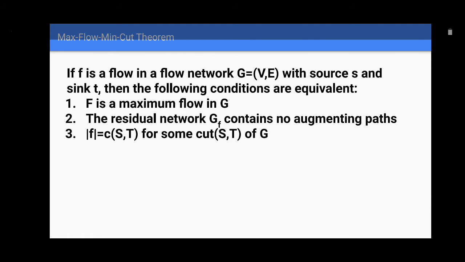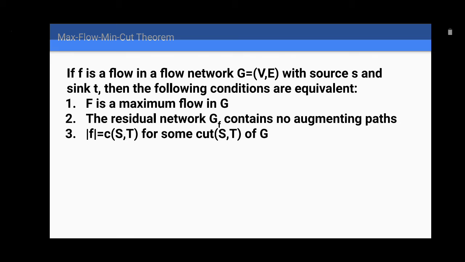Now we state the max flow min cut theorem, which is the basis for the Ford-Fulkerson algorithm also. If f is a flow in a flow network G with source s and sink t, then the following conditions are equivalent. The first one is f is a maximum flow in G. The second says the residual network Gf contains no augmenting paths.